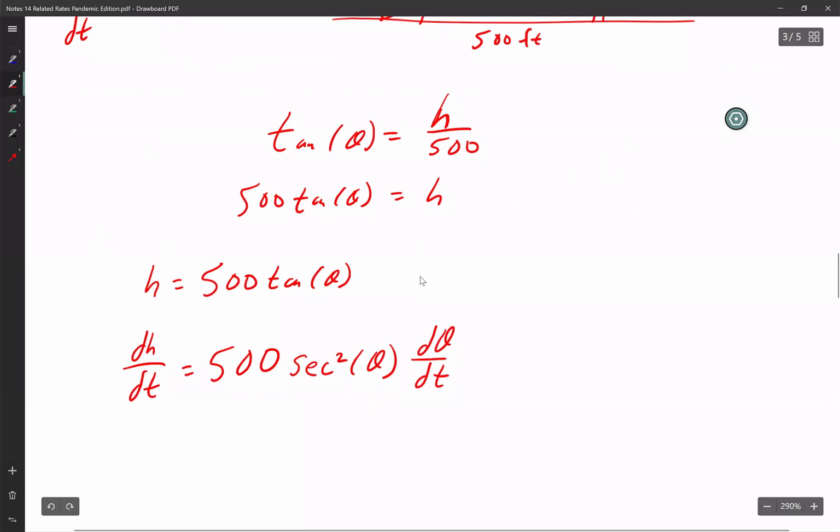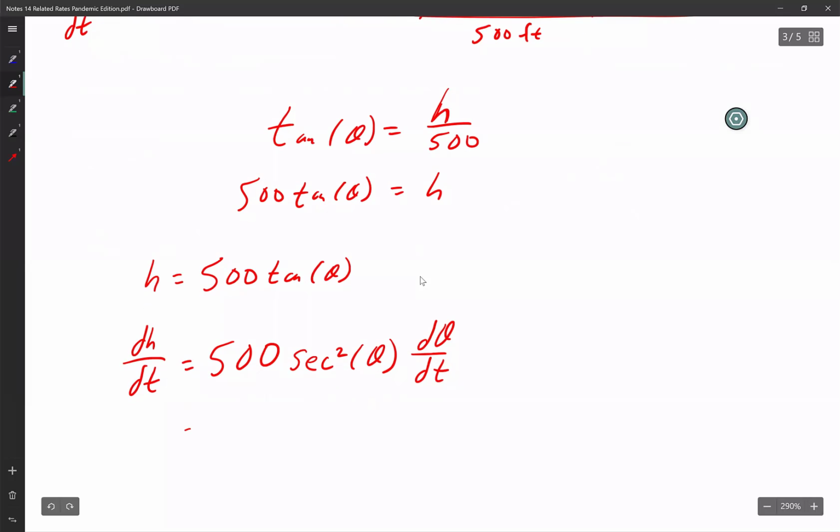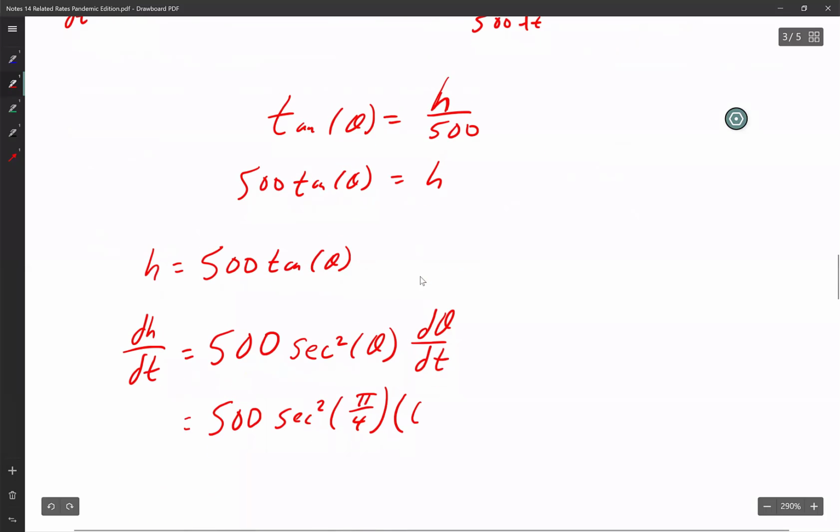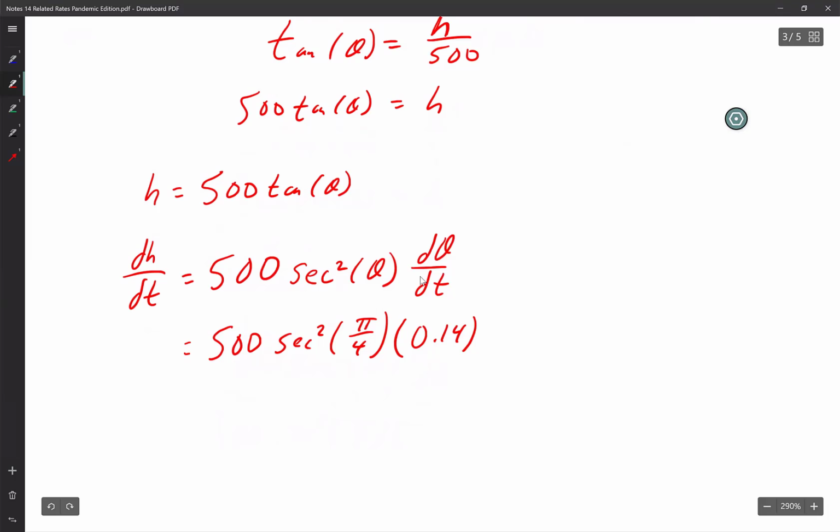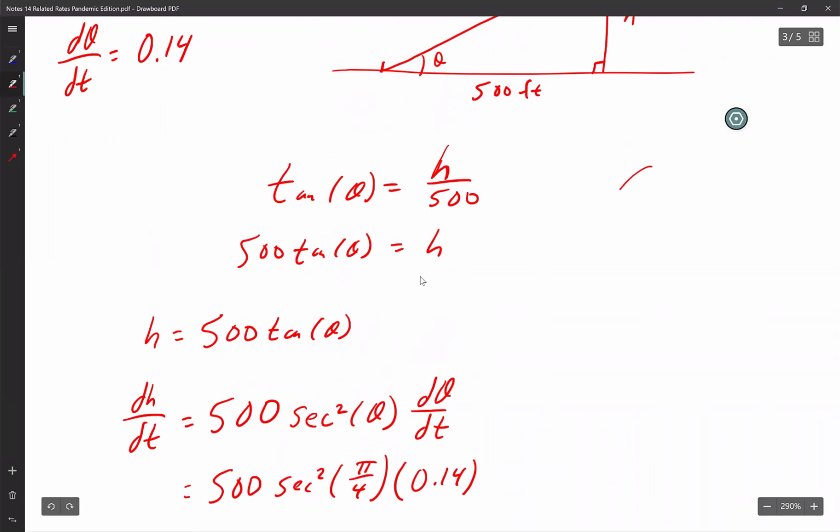So now we have everything we need, guys. So 500 secant squared pi over 4 times, I believe, 0.14. No, you don't need a calculator for this. Here comes your pre-cal. Not even extreme pre-cal, guys. Just a little basic pre-cal. Baby pre-cal.